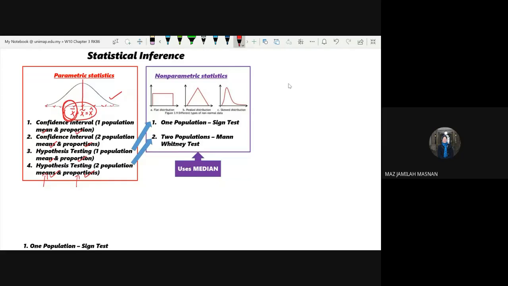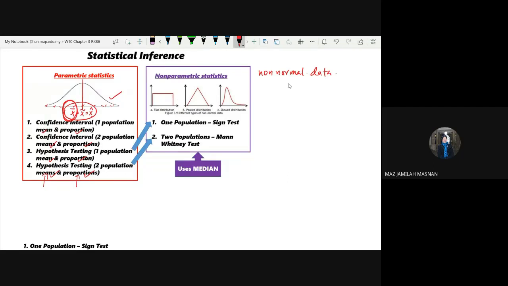Now, for non-parametric statistics, we are talking about non-normal data. What do we mean by non-normal data?